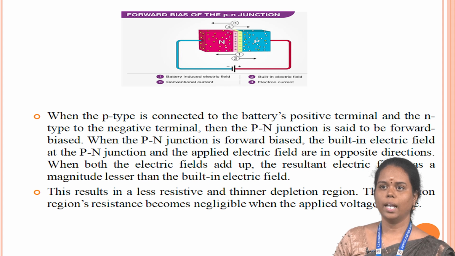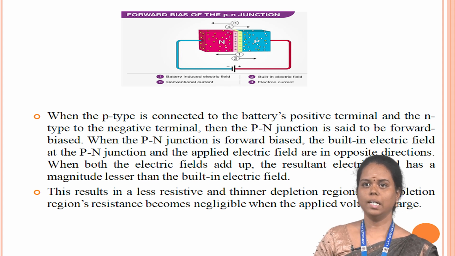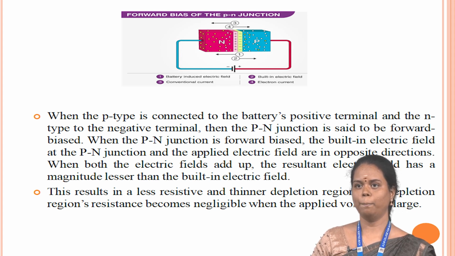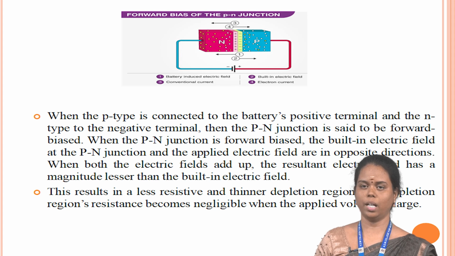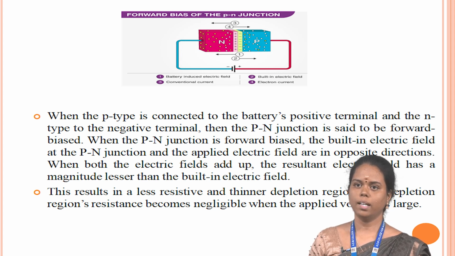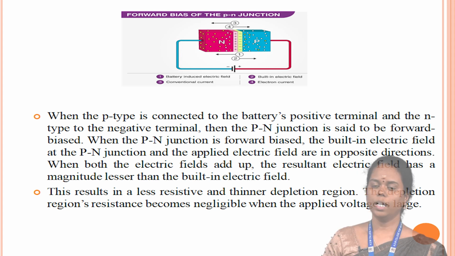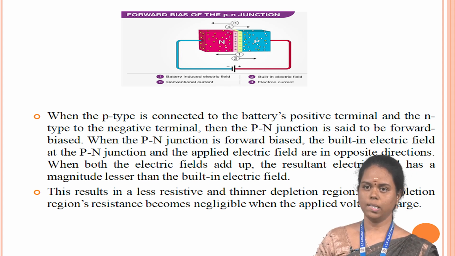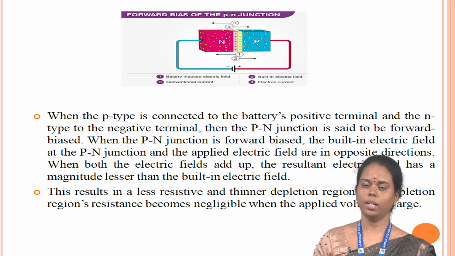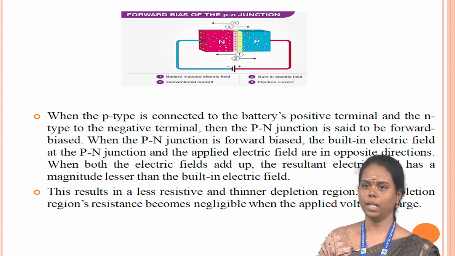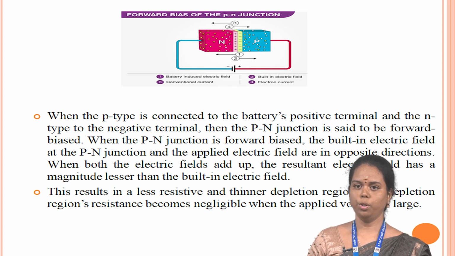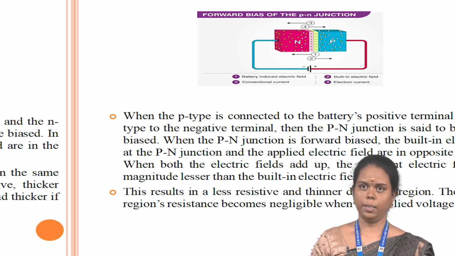When both fields add, the resultant electric field is lesser in magnitude. This results in a less resistive and thinner depletion region. The depletion region resistance becomes negligible when the applied voltage is large. In silicon, at a voltage of 0.6 volt, the resistance of the depletion region becomes completely negligible and the current flows across the junction.